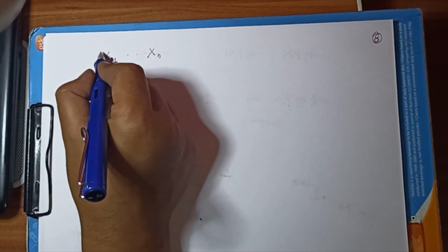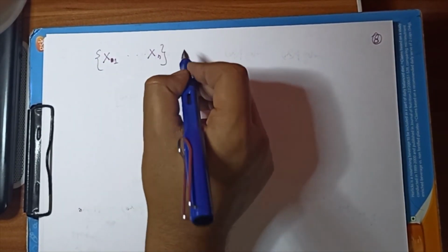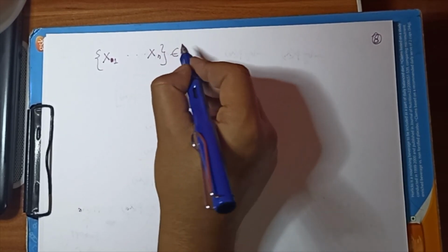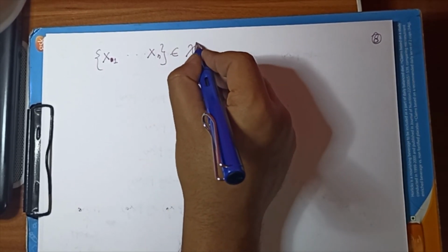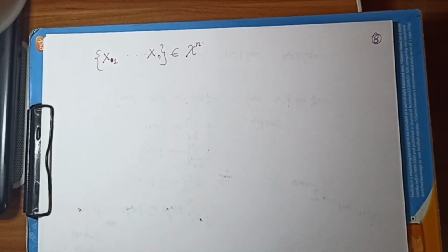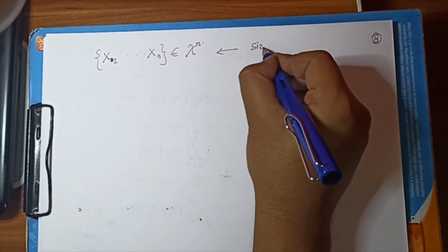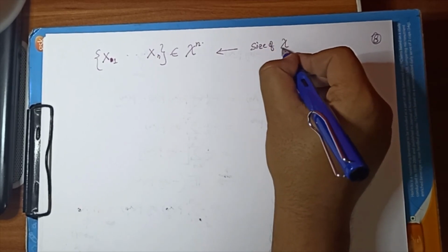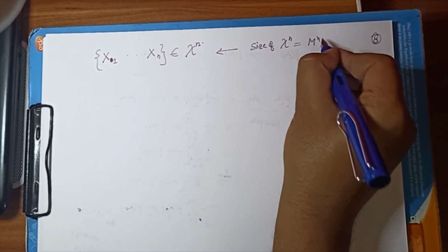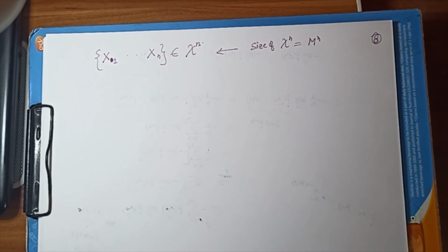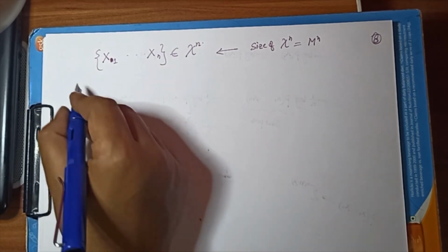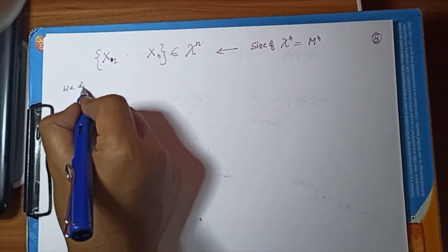These are the n random variables, and this n tuple takes values from X to the power n. So what is the size of this set? The size of X to the power n is basically m to the power n. That is the size. Okay. Now out of this we define a typical set.